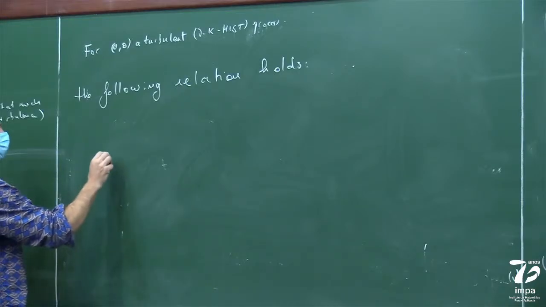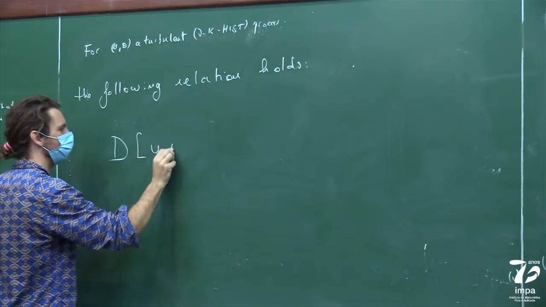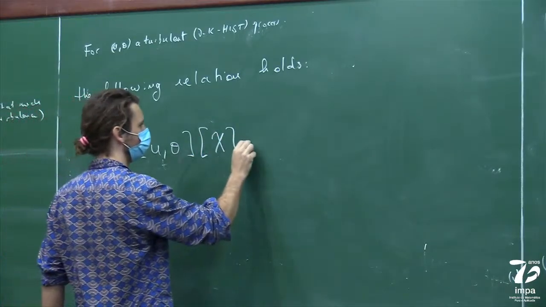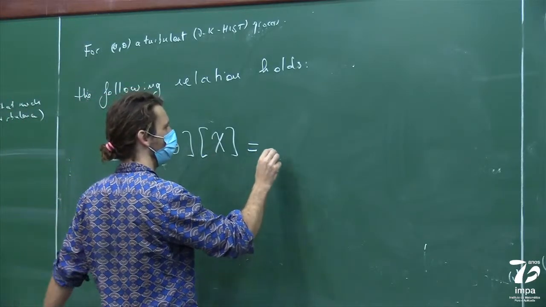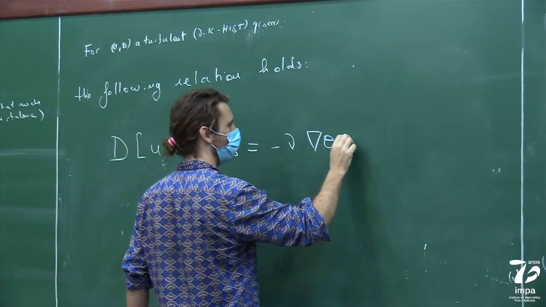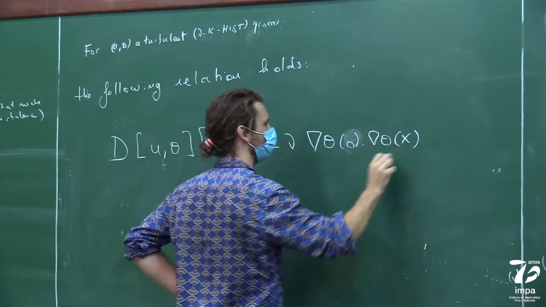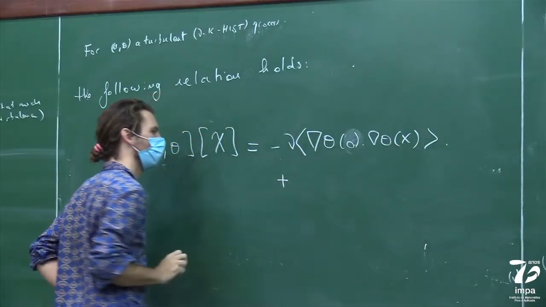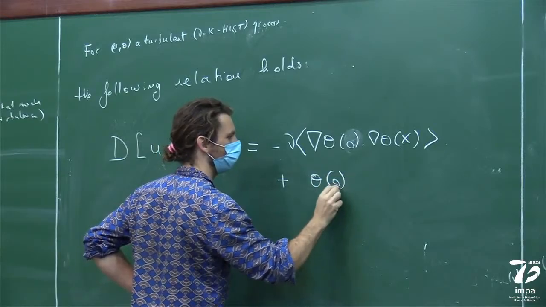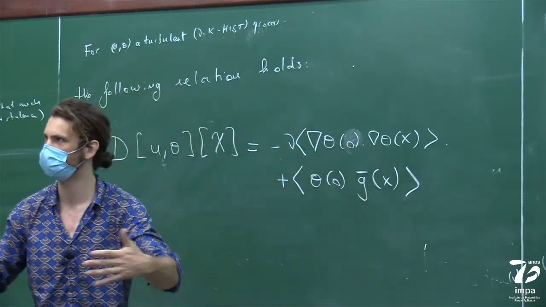And it is simply an equation which will say that a certain quantity, I will call it D, which depends on U and theta, and a certain separation, X, is equal to minus the correlation of the scalar, so this is grad theta of X, plus the correlation of the injection, so theta 0 G bar of X. And those averages are the average with respect to the underlying measure.